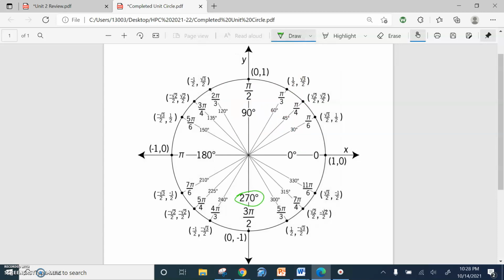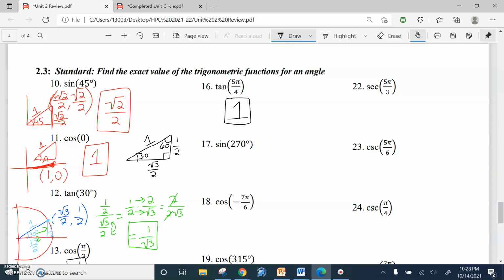We want to know the sine value. Remember, sine goes with the y value of our position. Our position's right here at (0, -1). So the y value is -1. We just say sine 270 is -1, and we move on.